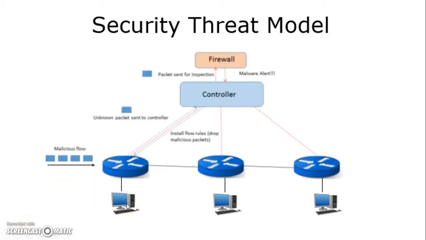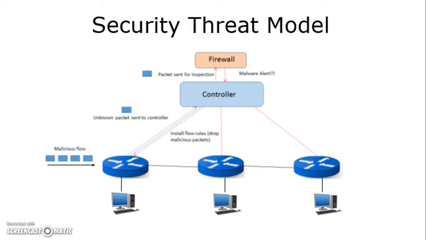Coming to the security threat model, we are considering the insider threat, wherein the attacker resides inside the network. So this host is our attacker and this host is our victim. When a malicious flow is sent from the attacker, the switch forwards the first packet to the controller, which in turn sends it to the firewall.